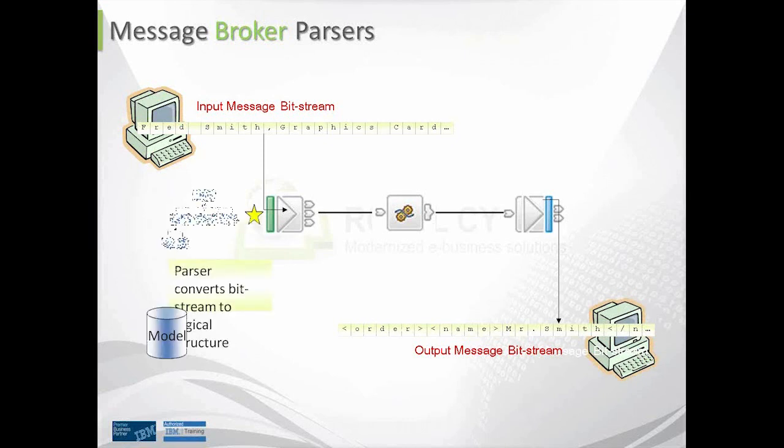Once it parses the message, which is in more of a bit stream format, or what we call a wire format, it gets converted into more of a logical format. This transformation, the first level of parsing, happens at the input node.